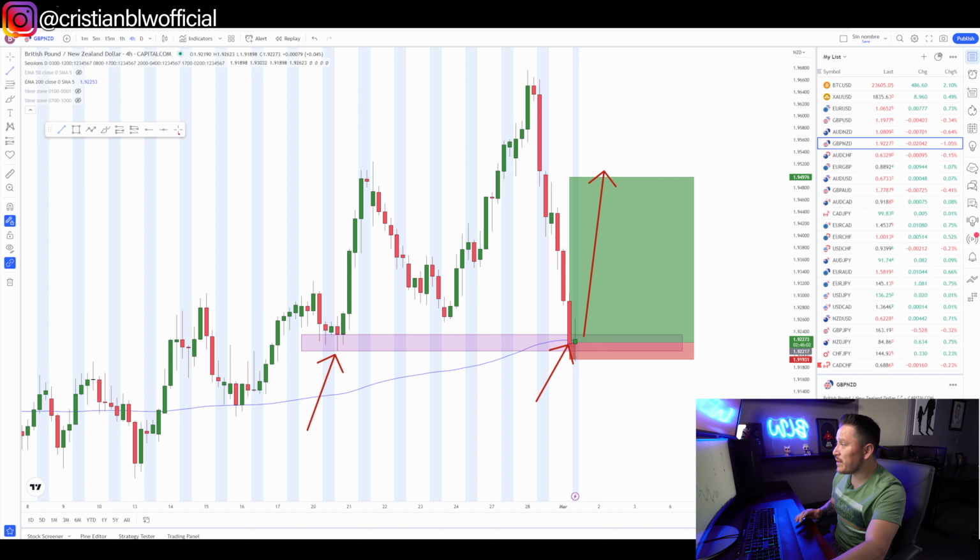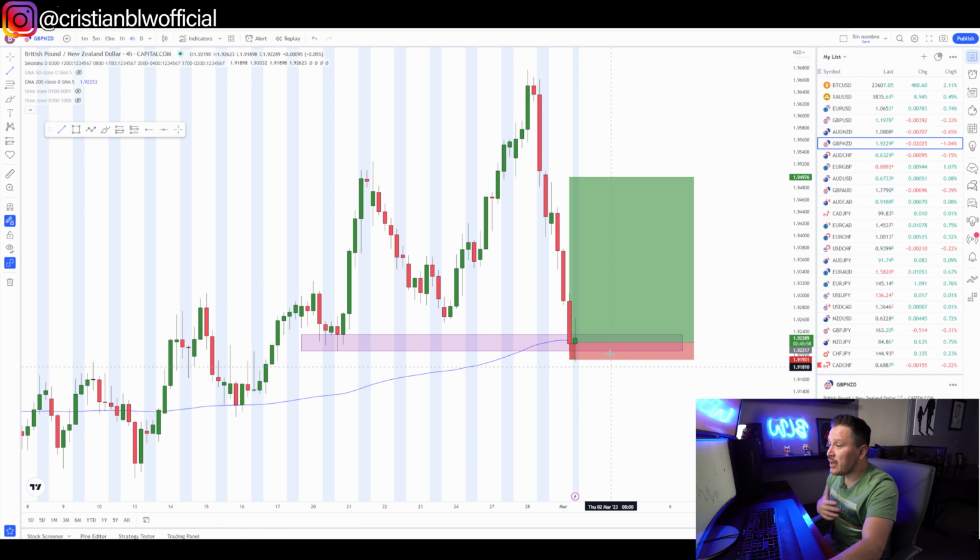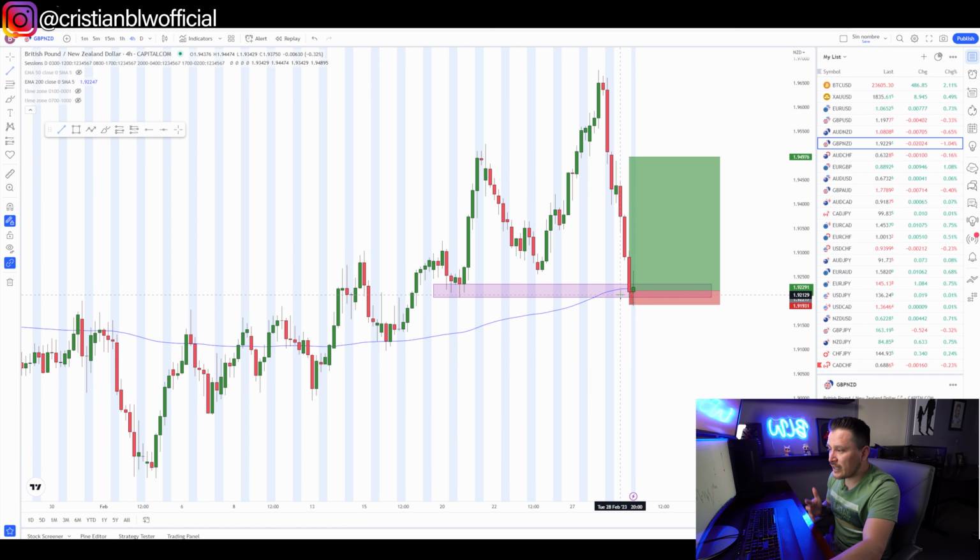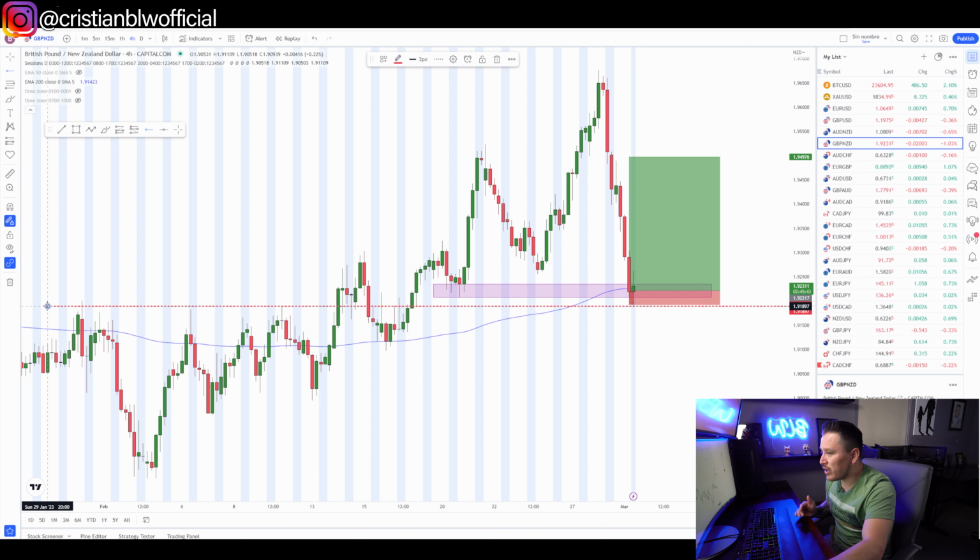Now, it didn't happen that way, and there are many possible reasons why. Maybe not that many people placed pending orders in this section, but I personally made one mistake. I should have chosen this specific entry point right here.